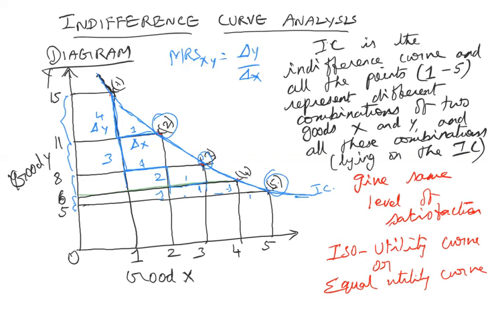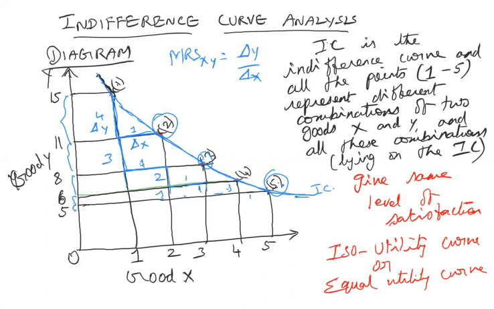Now let's check. Of course, the consumer finally has to pick one of the combinations. If you just provide the guideline to the consumer saying that you can pick any of the combinations because everything gives you the same level of satisfaction, then we are not providing a proper guideline to the consumer, isn't it?